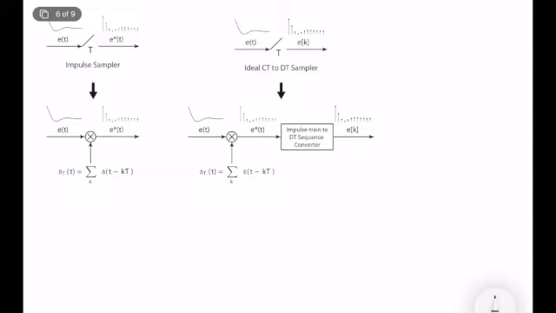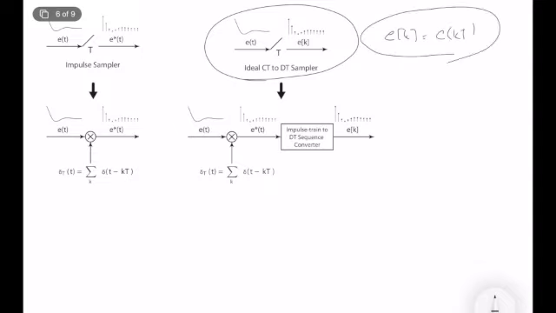The first one is an ideal continuous time to discrete time sampler. So what is that? Input is continuous time, output is discrete time, and we know that e(k) is equal to e(kT). In general, understanding this operation is very easy, right?